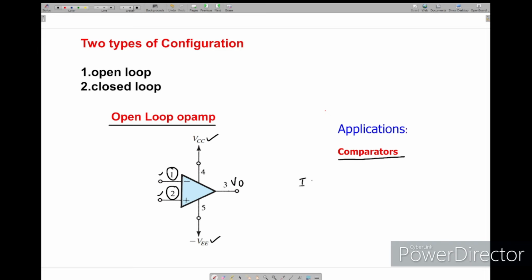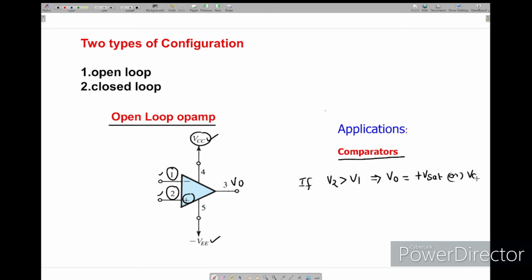If V2 is greater than V1, then V0 is plus V saturation, or as per the diagram it is VCC.